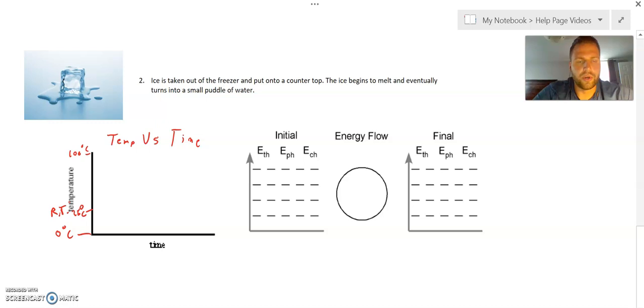All right, so ice, we know, freezes/melts at 0 degrees Celsius. So immediately I'm drawn to this temperature here on the side. And I know that during a phase change, temperature does not increase or decrease.